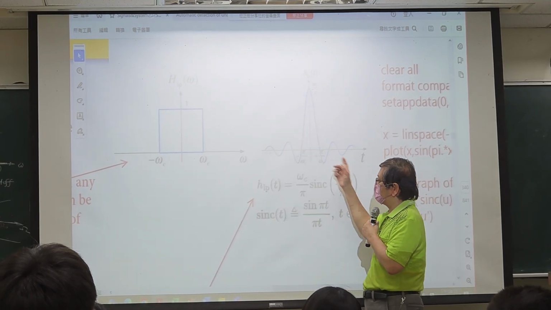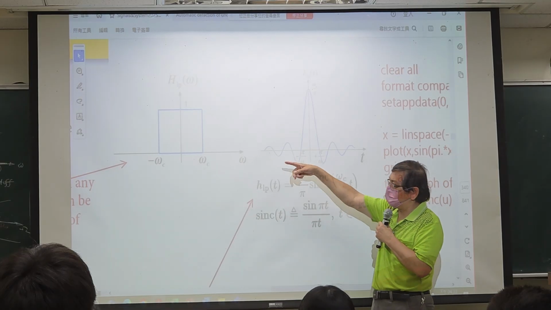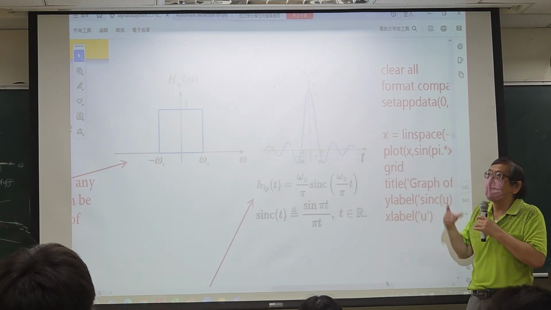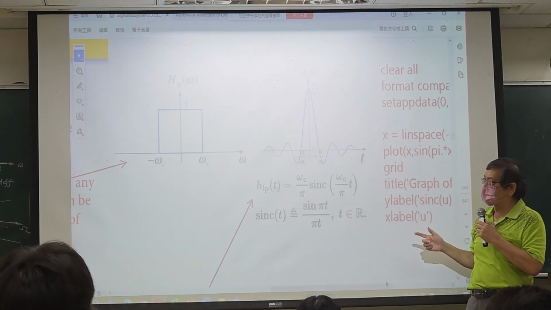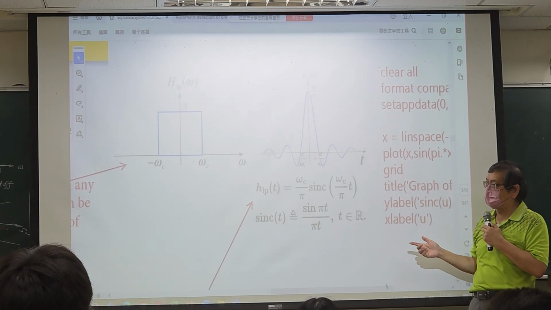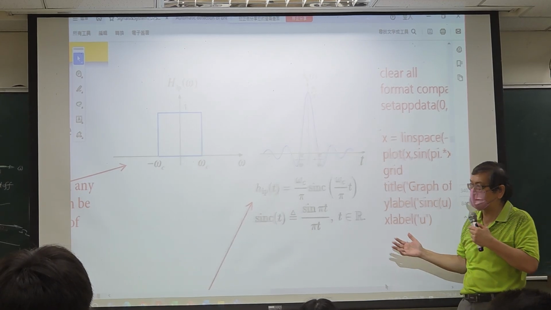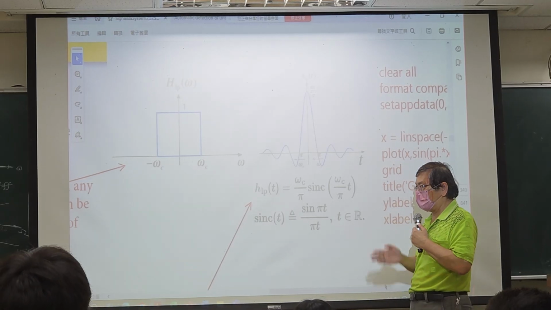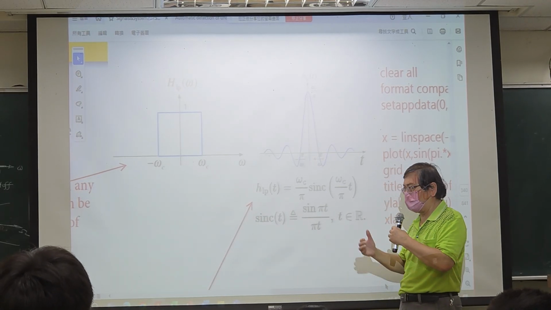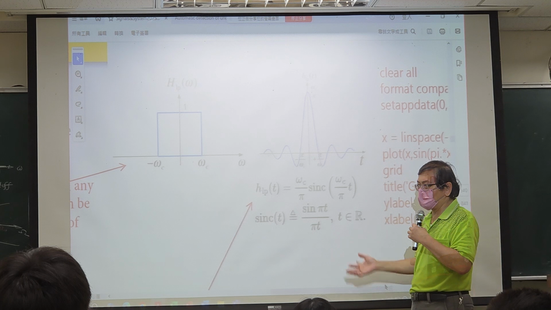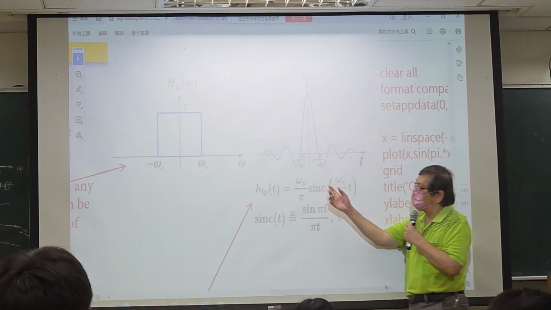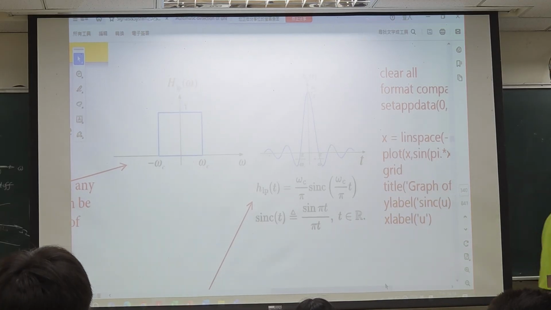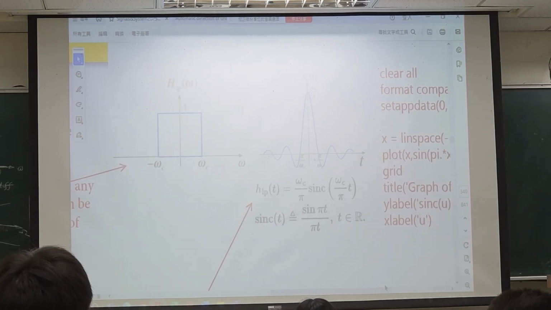So this cannot be the ideal filter. The ideal low-pass filter cannot be used in real time for signal processing, but it can be used for offline data processing. Offline processing is fine. We don't need to process right away. We can collect all the data, go to the lab, and then process the entire data set. So this can only be used for offline processing, but cannot be used in a real-time process. That's a problem.